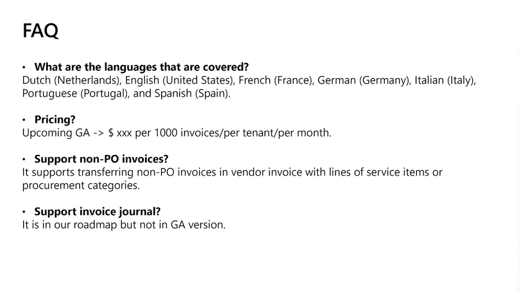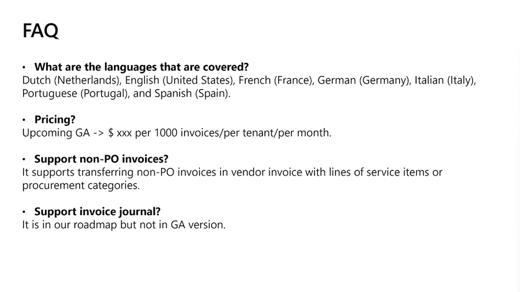From the function perspective, a lot of customers ask whether our solution supports non-PO invoices. The answer is yes, but we support non-PO invoices in vendor invoice with the lines of service, item, or procurement category, not the invoice journal.